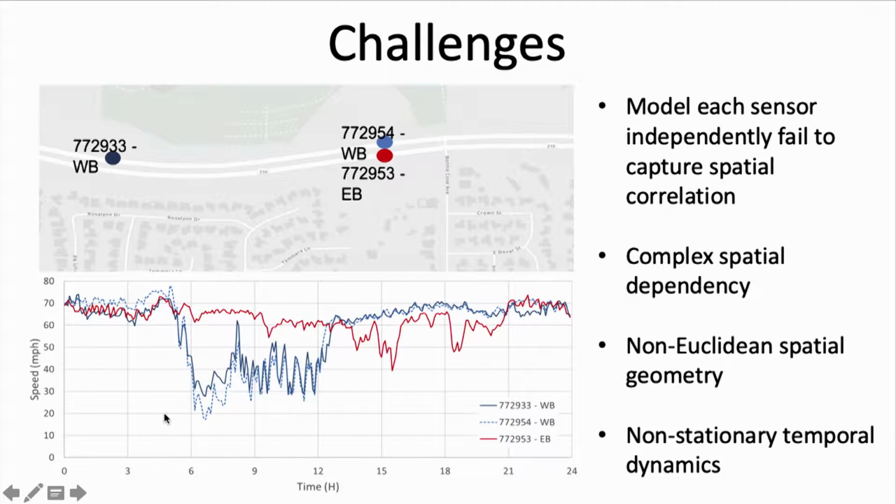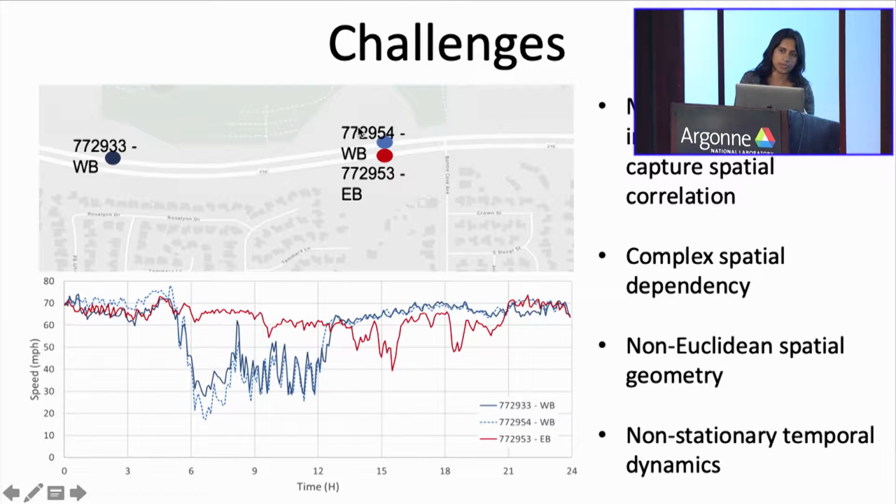If you see the graph of the speed, the blue plots are for these two blue sensors which are very close to each other, and the speed is very different at the red location. So though the red and blue sensors are very close in Euclidean space, the flow is very different in these two locations.